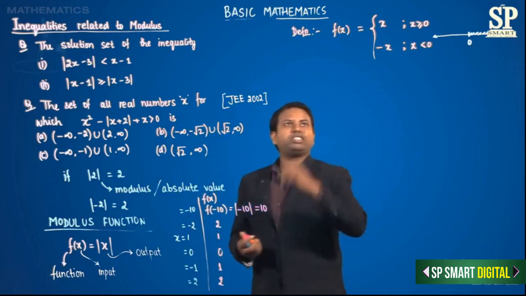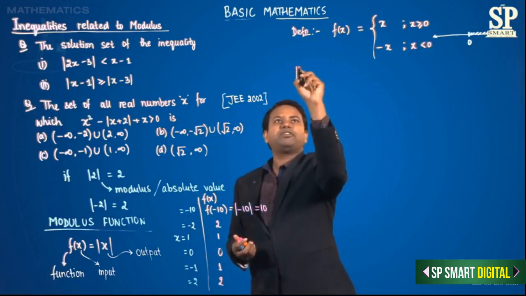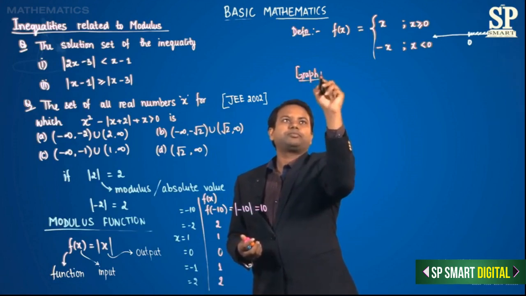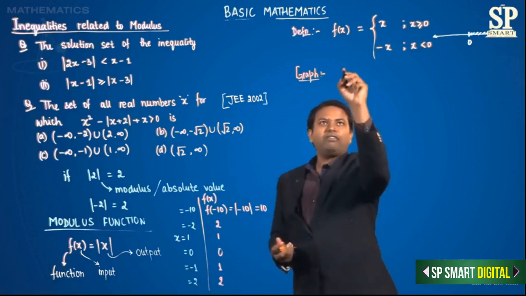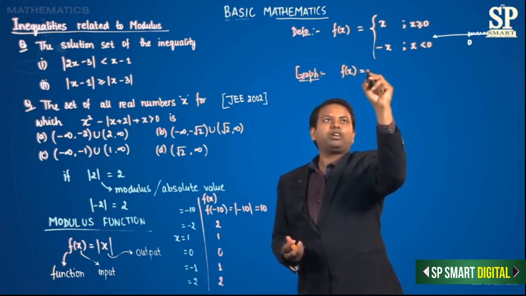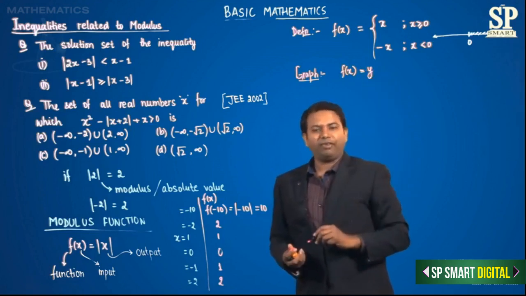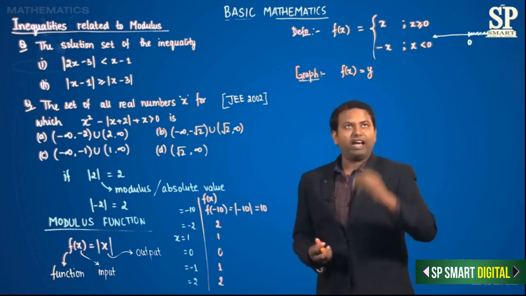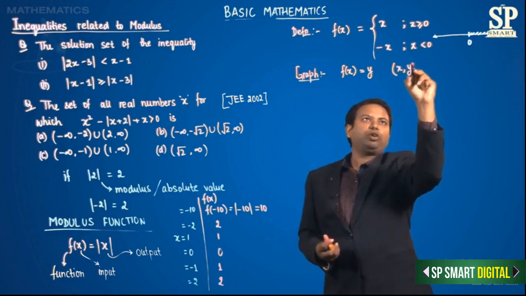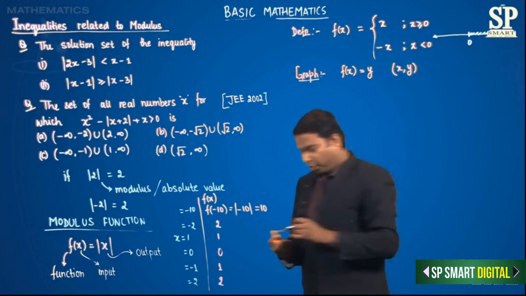Another thing that I want to discuss here is the graph of the function. Now we have our function f(x), and what we do is we plot the value of f(x), that is the output that we have, on the y-axis. So input is basically x and output is y. So this is how we are going to plot it.